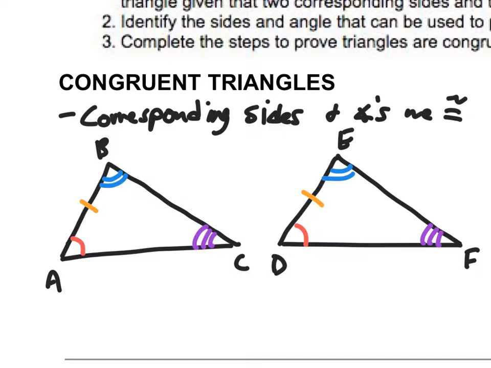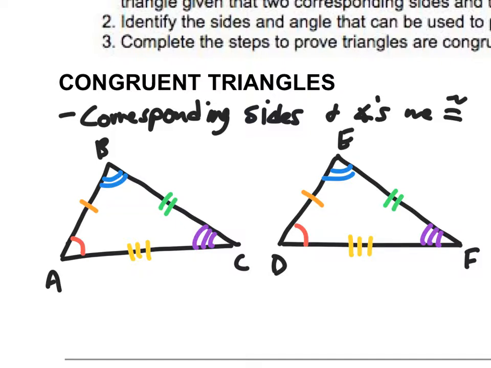If I know that they are congruent, then segment BC is congruent to segment EF. And then I would also say that segment AC is congruent to segment DF.